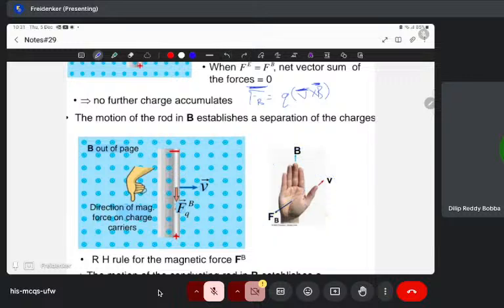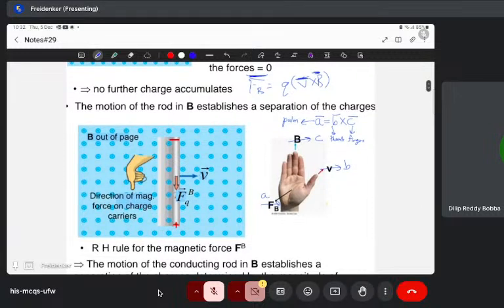Let's say you have A bar is equal to B bar cross C bar, then here B can be replaced with C, V can be replaced with B, F can be replaced with A. So you can use this rule for any cross product to determine the direction of a cross product between two vectors. So this will be the fingers, this will be the thumb, this will be the palm. Using this, you will be able to determine the final, the resultant direction.